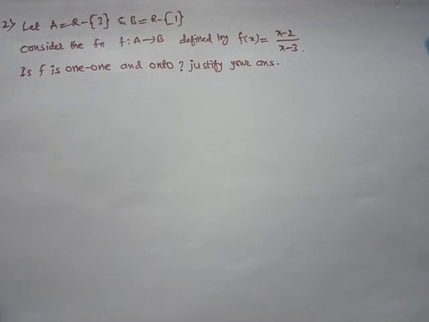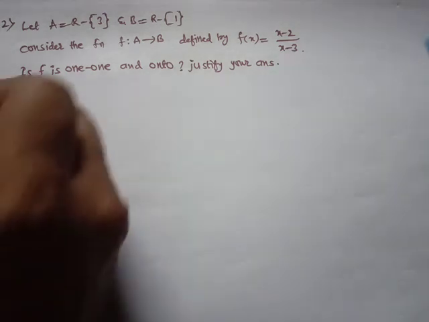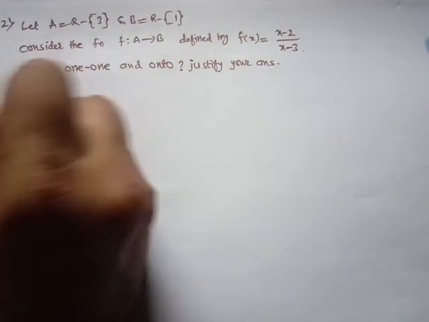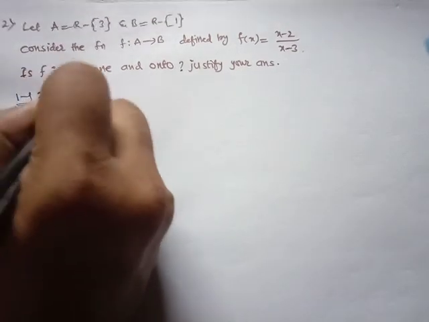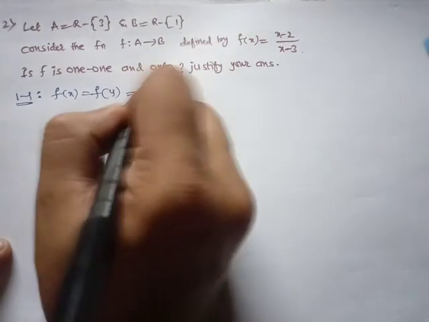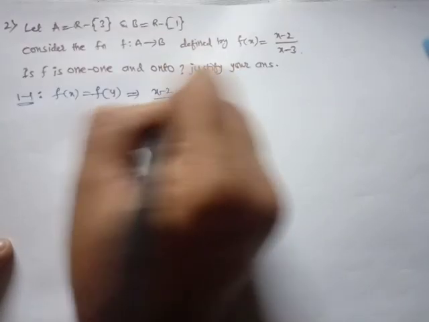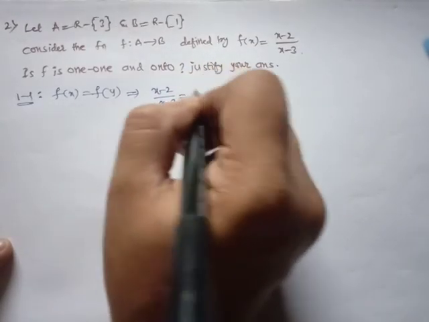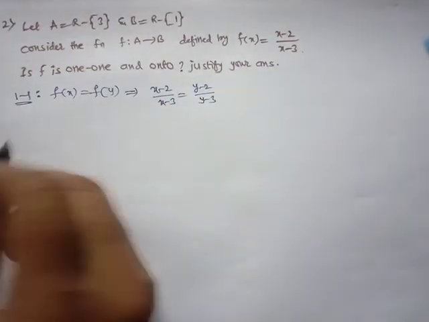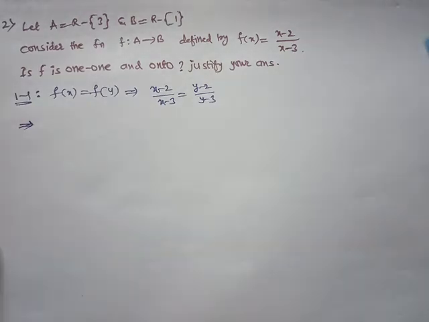Checking whether it is one-one: f of x is equal to f of y. So this implies x minus 2 by x minus 3 is equal to y minus 2 by y minus 3.